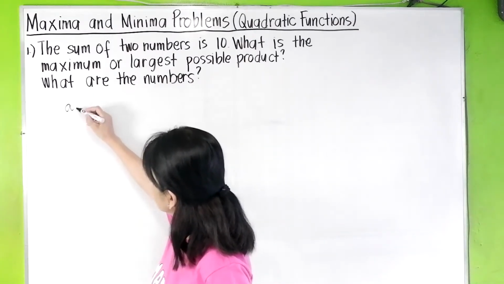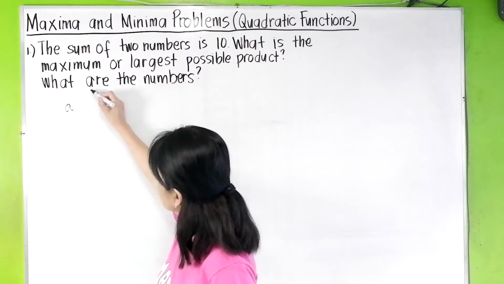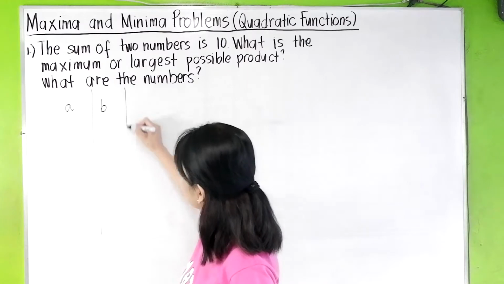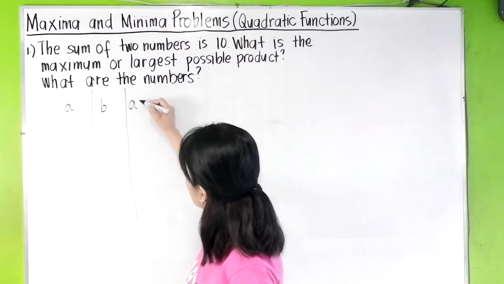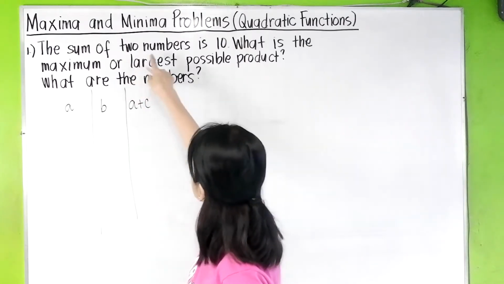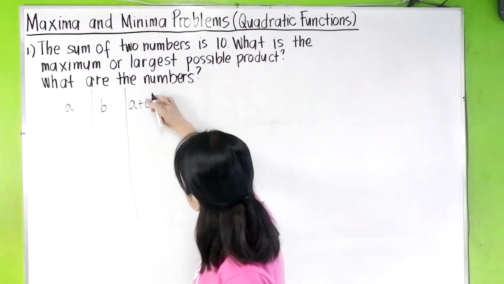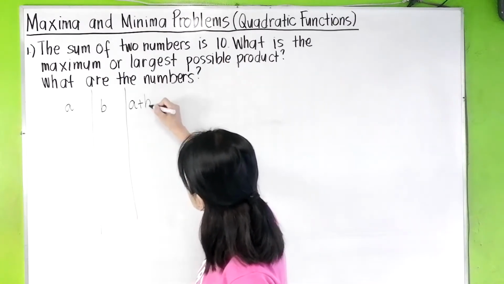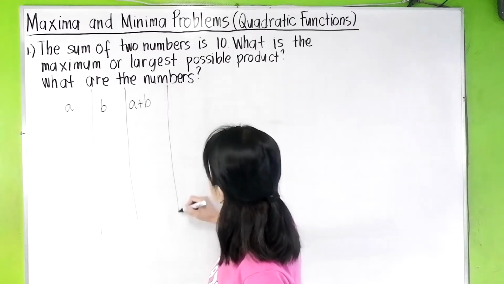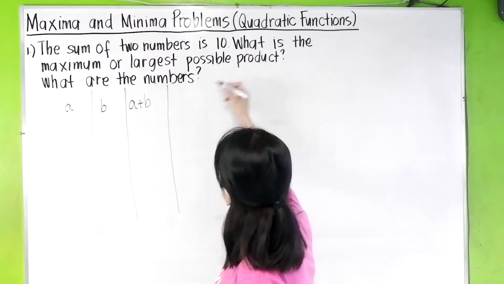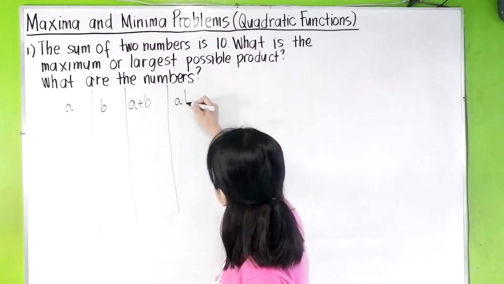A is the first number, B is the second number. The sum must be equal to 10, so A plus B, sorry. And we want the possible product, so A times B.